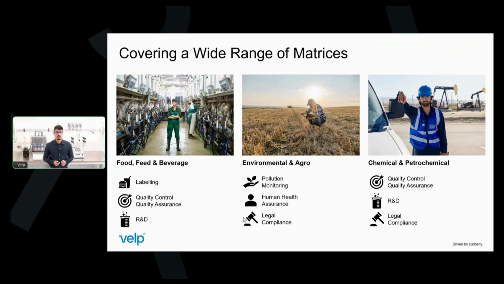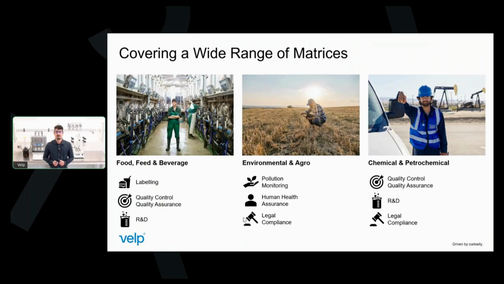Indeed, with Vittorio, we will, for example, extract fat in order to determine the fat content in a food sample for labeling purposes. Of course, also quality control, quality assurance, or research and development purposes, by enabling the creation of different types of formulations or improving the nutritional profile, are very important.